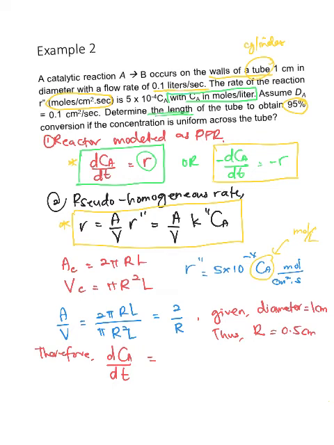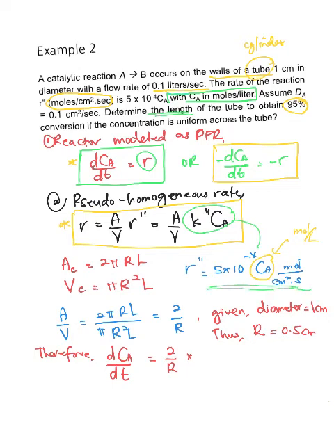So, dCA per dt, A over V equal to 2 over R, multiply with K prime Ca, which is this equation is equal to this equation.